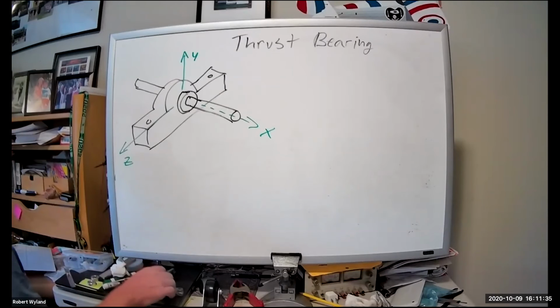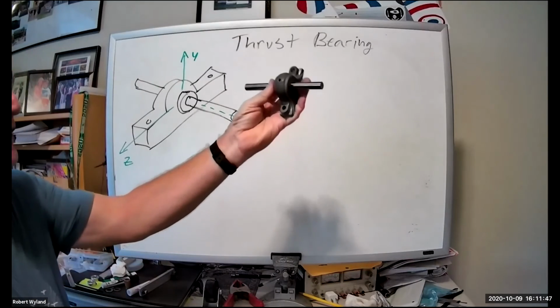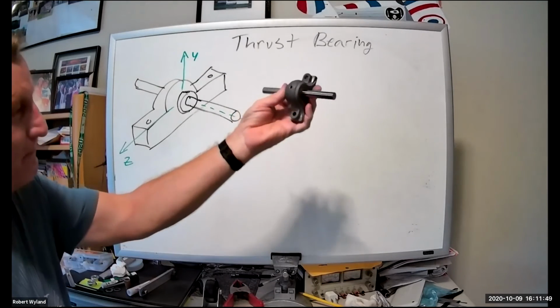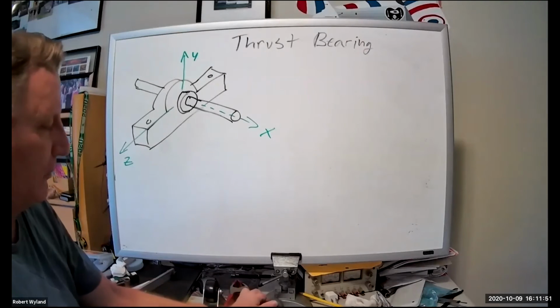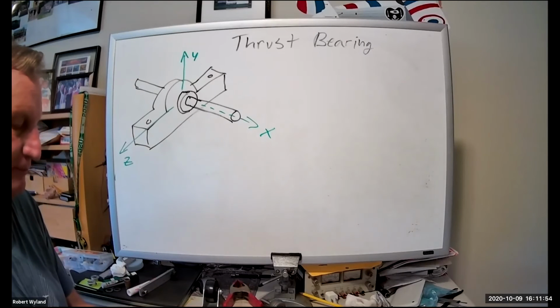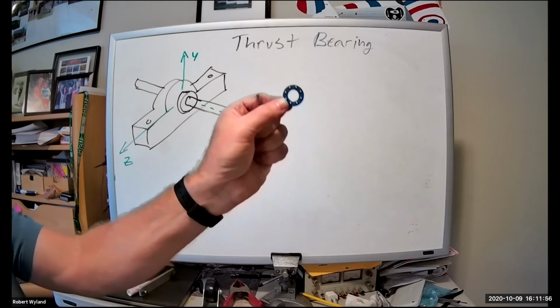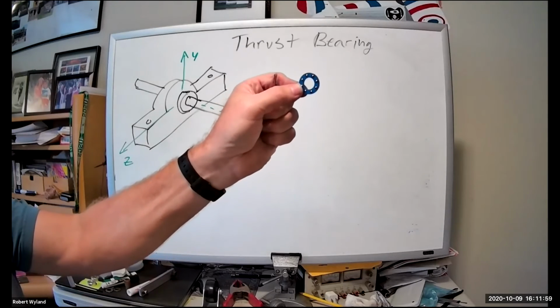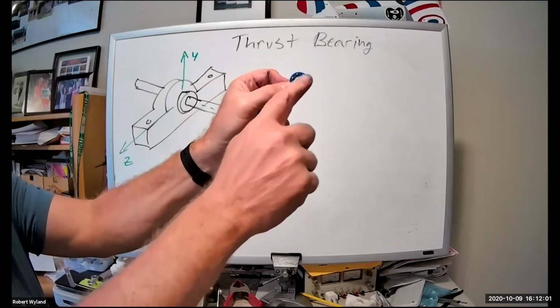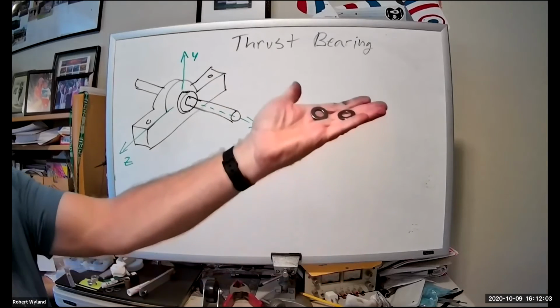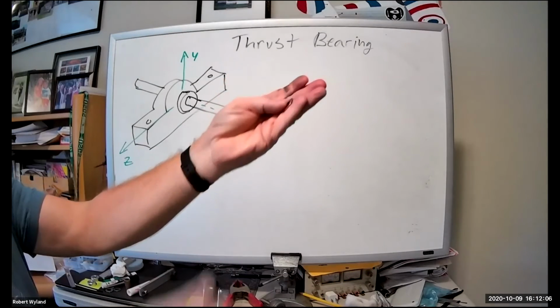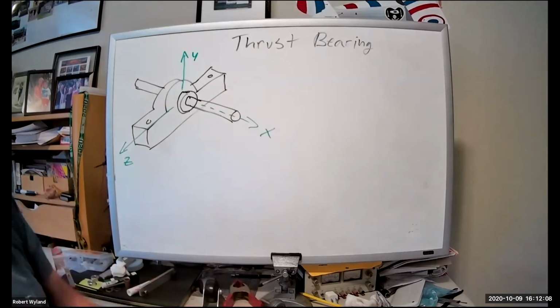So what is a thrust bearing? Let me show you all the different pieces for a thrust bearing. Basically, we're going to take our plane journal bearing, and we're going to install some pieces on it. We've got this little disc with a bunch of ball bearings in it, and we've got two. These aren't really washers, these are surfaces for these ball bearings to ride on.